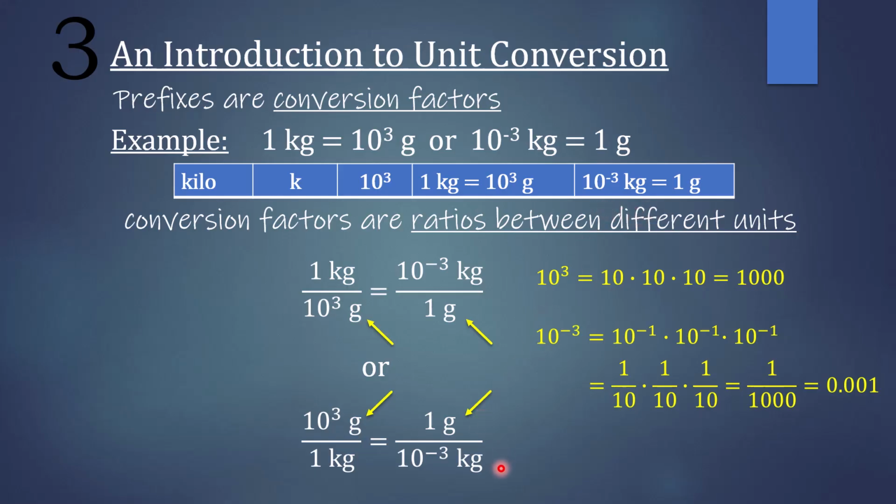And we're going to need that flexibility to be able to put either grams per kilograms or kilograms per gram when we're doing our unit conversions. So we have to have that flexibility to be able to write it either way. And I'll give you some examples in just a second.